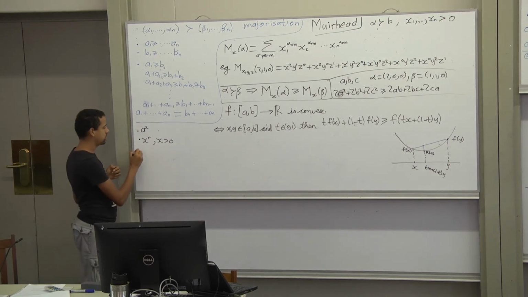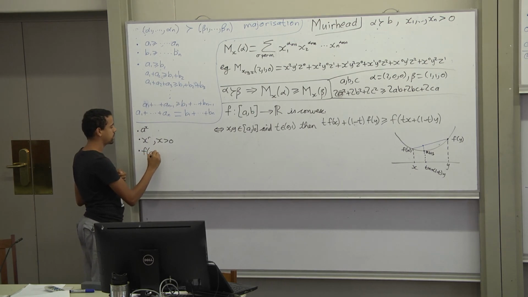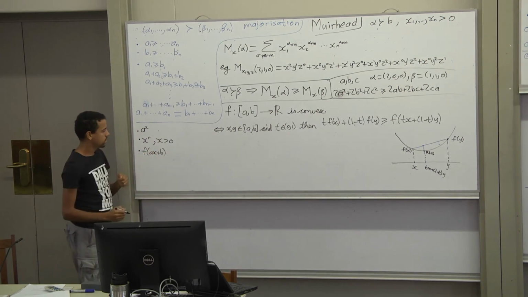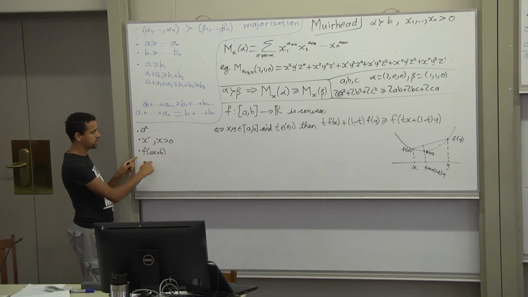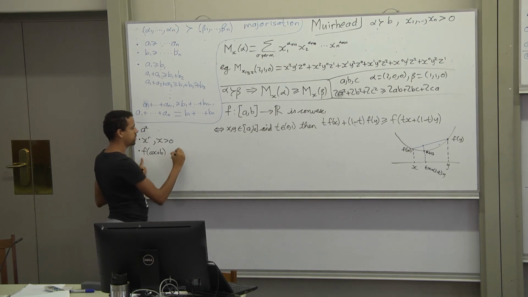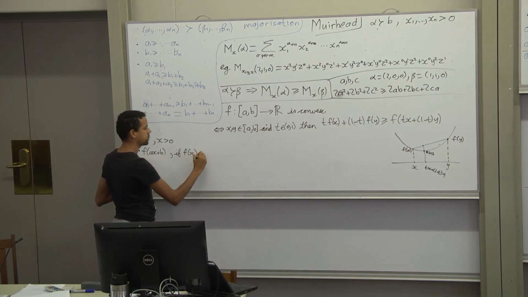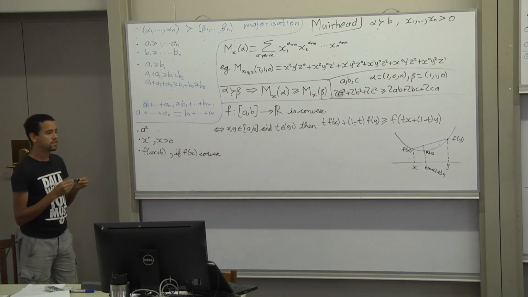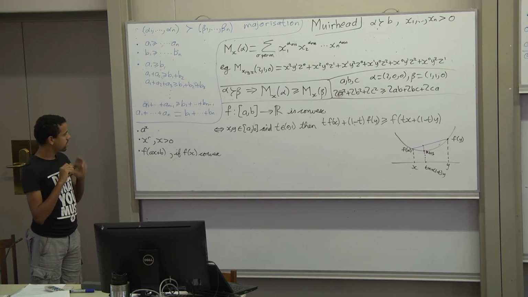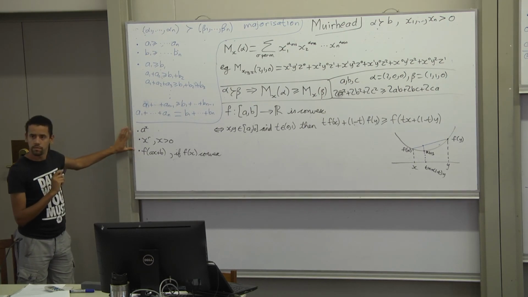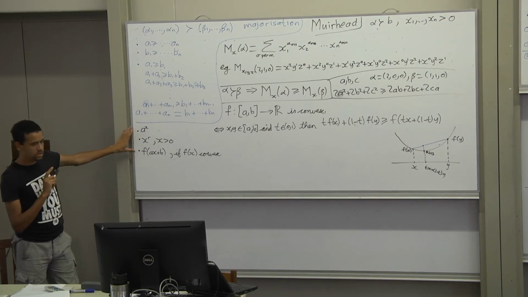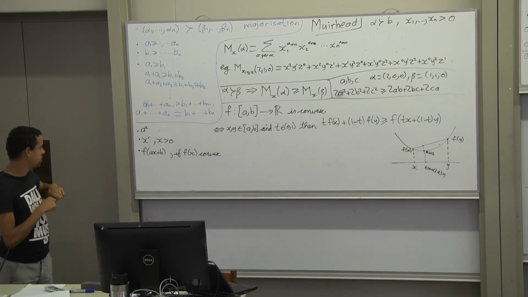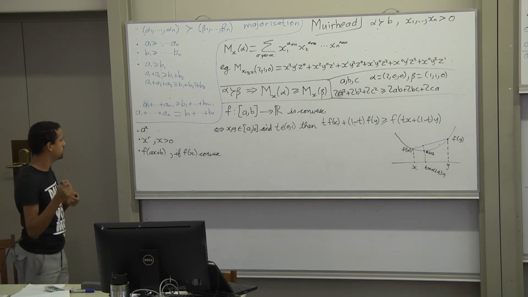Or in general, if you have f of some linear combination of x, then that is also convex if f of x is convex. And so on.